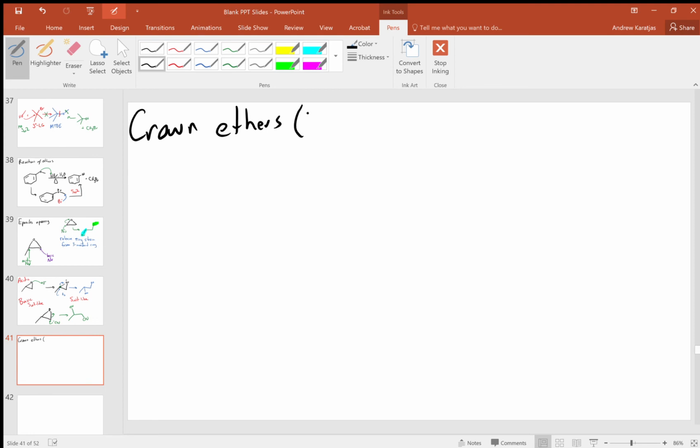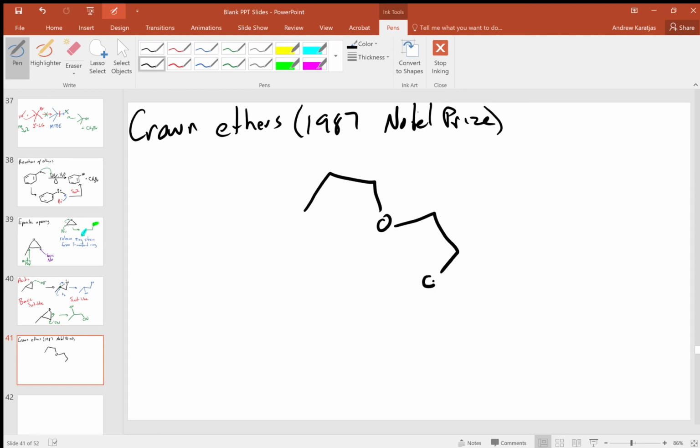Crown ethers were responsible for the 1987 Nobel Prize in Chemistry. And crown ethers have a basic pattern. That basic pattern is they have some number of oxygens and some number of carbons, and they're in a large ring in some sort of repetitive pattern.